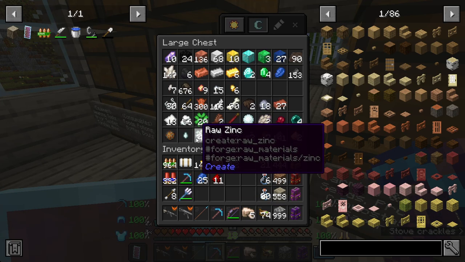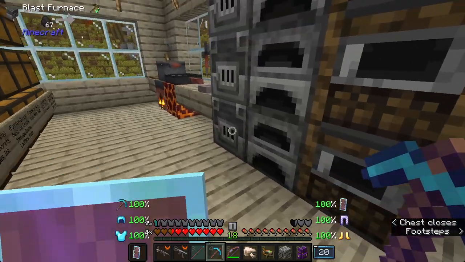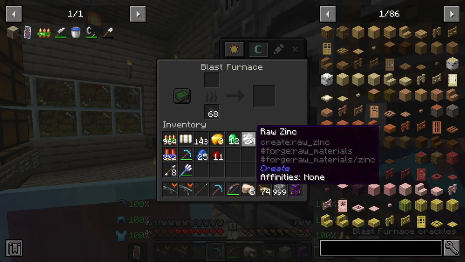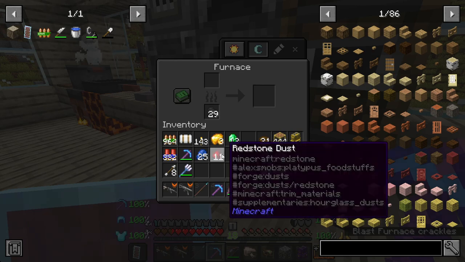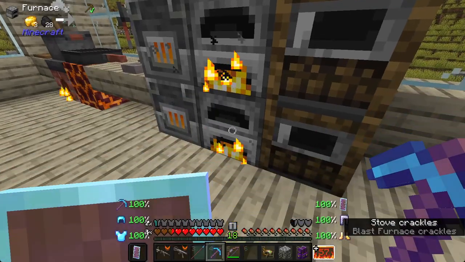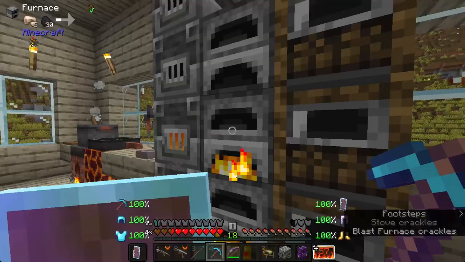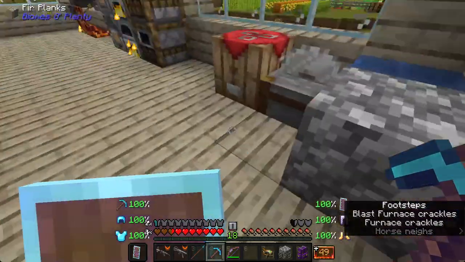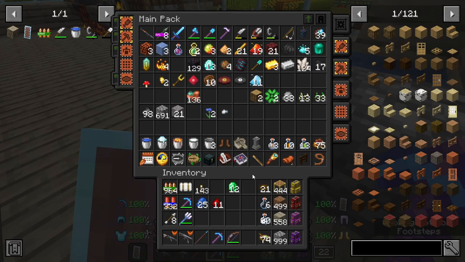Raw zinc. I'm supposed to cook these. Ah, therefore Create. It makes a lot of sense.